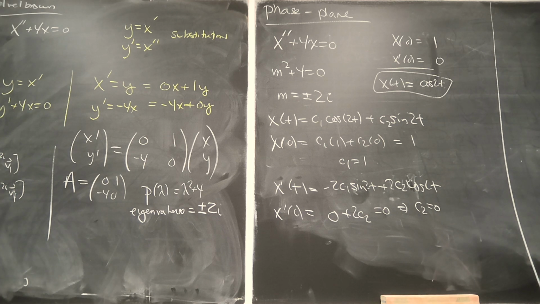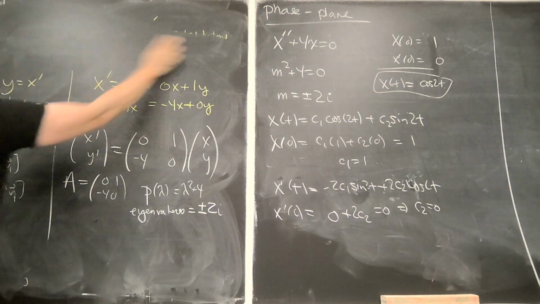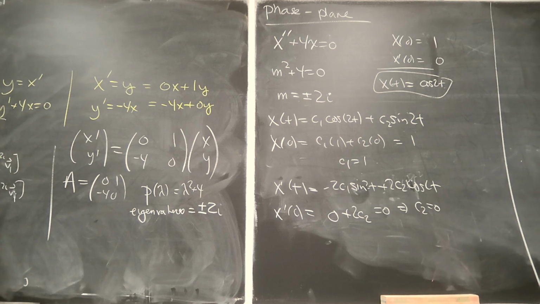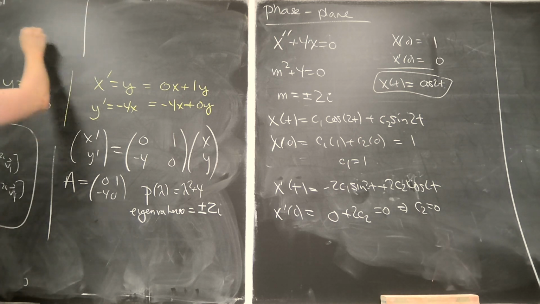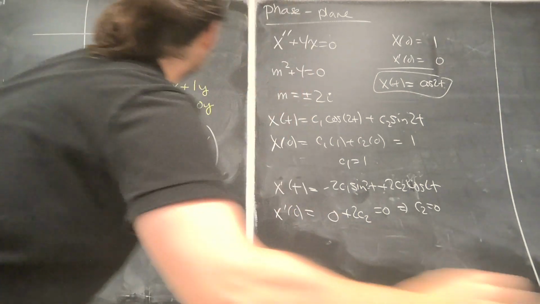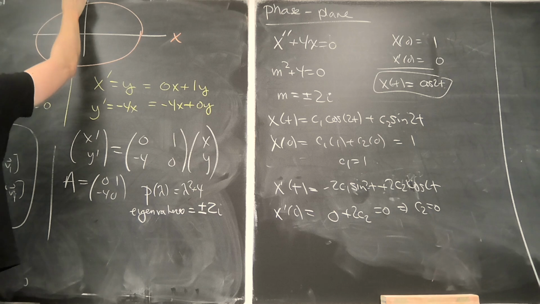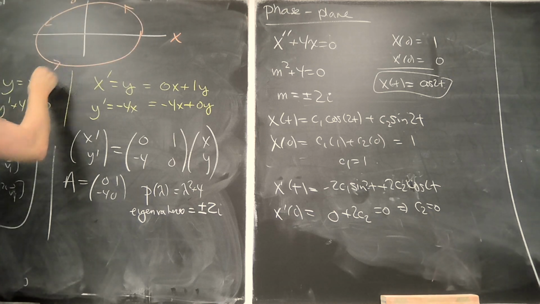This will be a parametric equation, where the x coordinate is a function of sines and cosines, and the y coordinate also has sines and cosines inside of it. If you actually plot what this does in the phase plane, you get this. Here's x, here's y, and that curve travels this way.